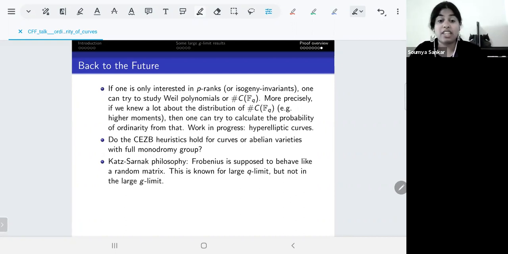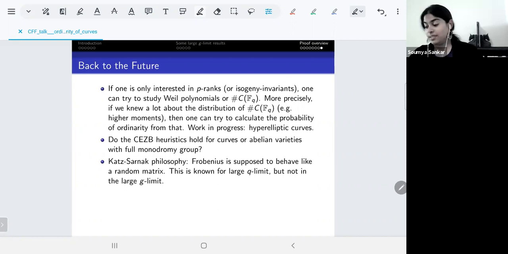Maybe you want to consider things like hyperelliptic curves. But the problem is that we don't know how to prove anything for these curves, at least not in the large G limit. So hyperelliptic curves are the next big step, I would think, for something like this.